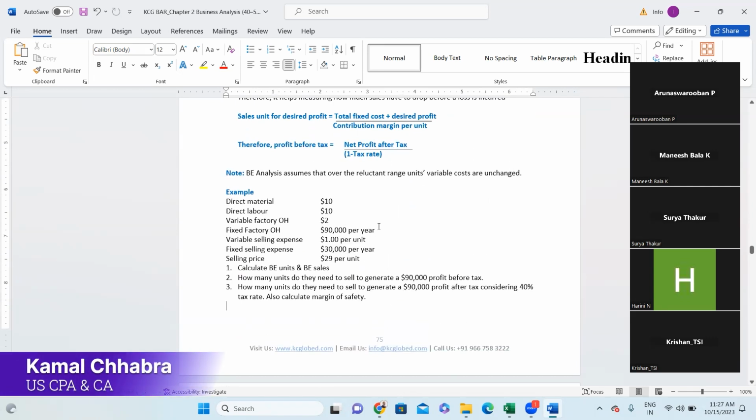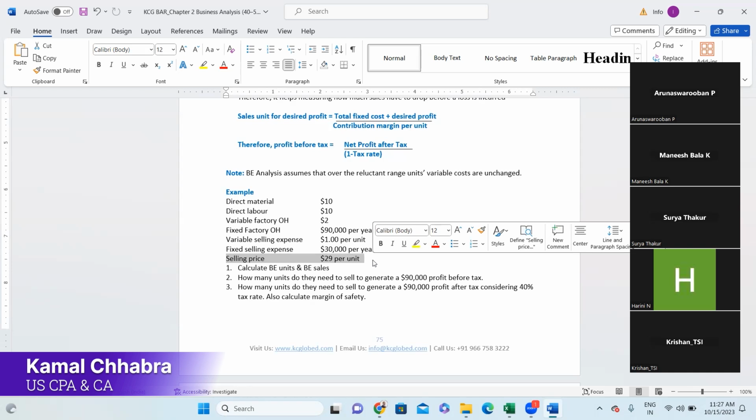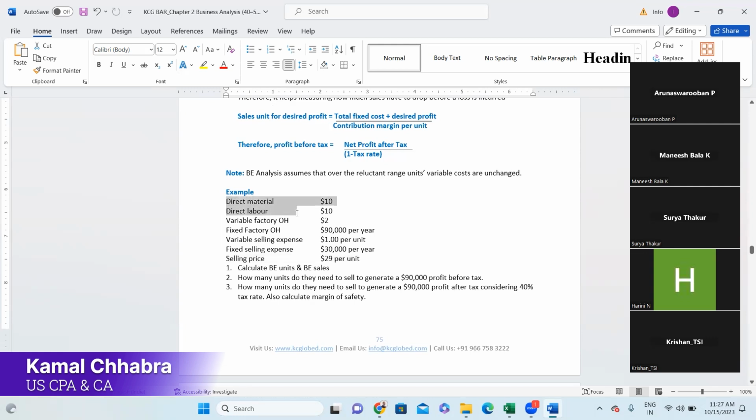And then second thing, what you need to do, calculation of contribution margin, right? What is the sales price? 29. How do you calculate contribution margin? Sales price minus your direct material, labor, factory overhead, right?